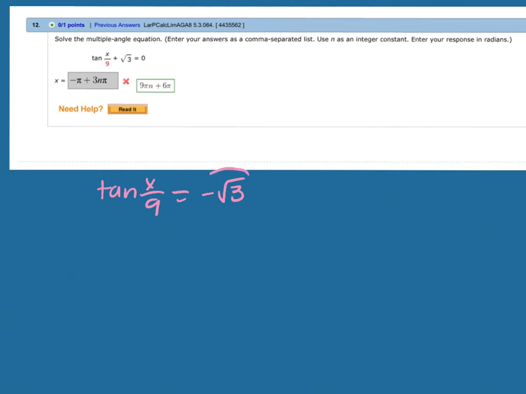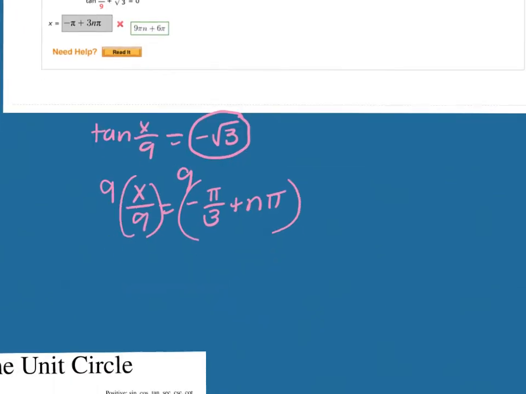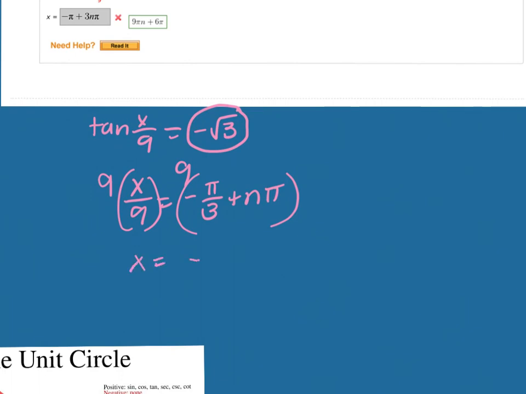So tangent is negative root 3 at, oh, you know what, Sai? No wait, did you multiply by 9? Hang on, let me work it out. I would have gotten x over 9 equals negative root 3 happens at negative pi over 3 plus n pi, and then I multiplied everything by 9. So it should have been x equals negative 9 pi over 3, which is negative 3 pi, plus 9n pi.